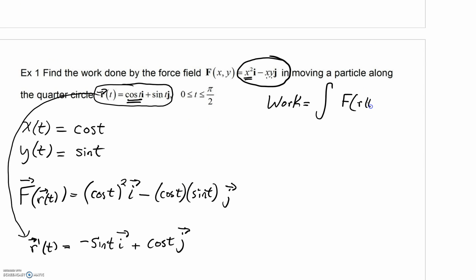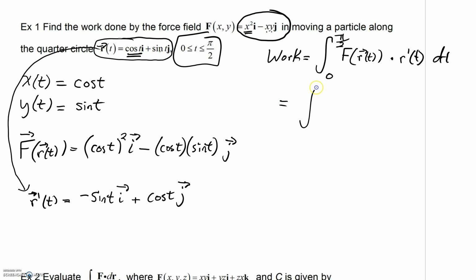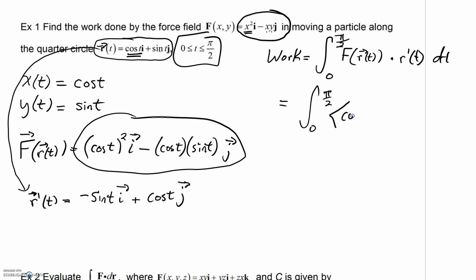So we could have f of r of t dotted with r prime of t dt, and my t boundaries are going to go between 0 and pi over 2. So we're going to be integrating between 0 and pi over 2, but this vector is really cosine squared t, and then I've got negative cosine of t, sine of t.